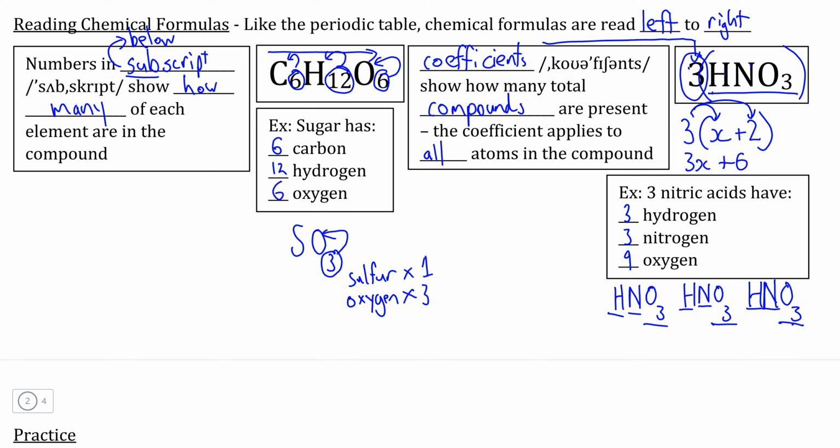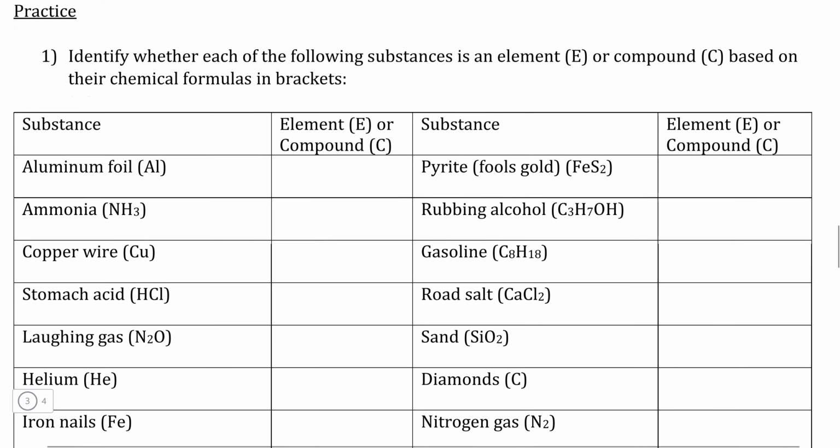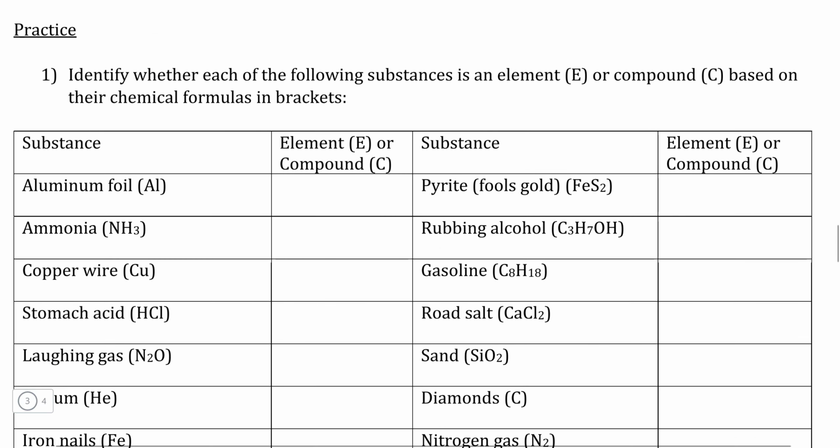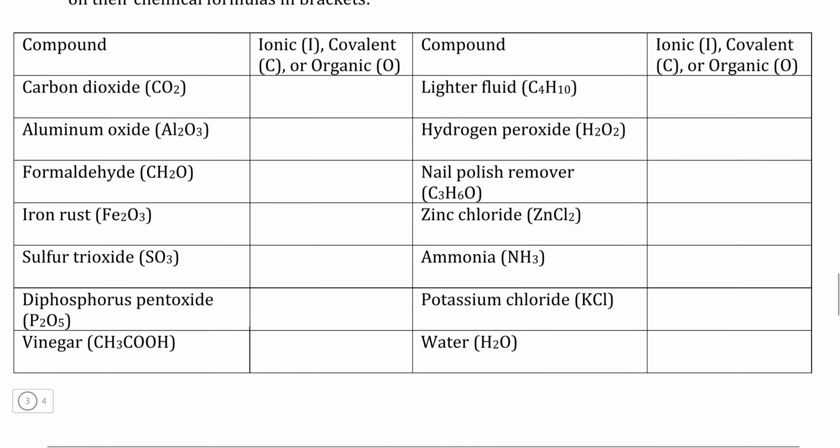You just need to be careful when it comes to counting atoms, as this is a fundamental step in doing more complicated chemistry problems in future subjects and in future grades. So to test your fluency of reading chemical formulas, as well as being able to identify whether a substance is an element or a compound, you can take a look at the practice problems below.